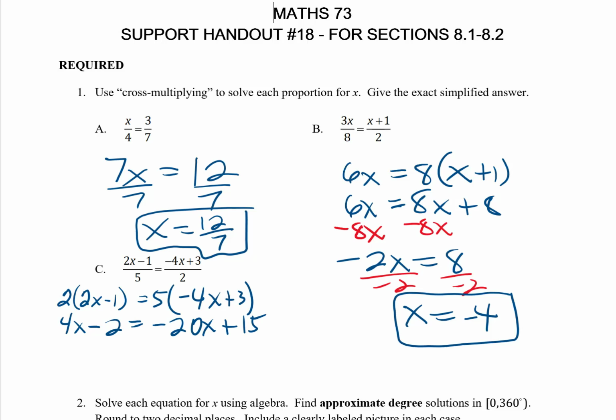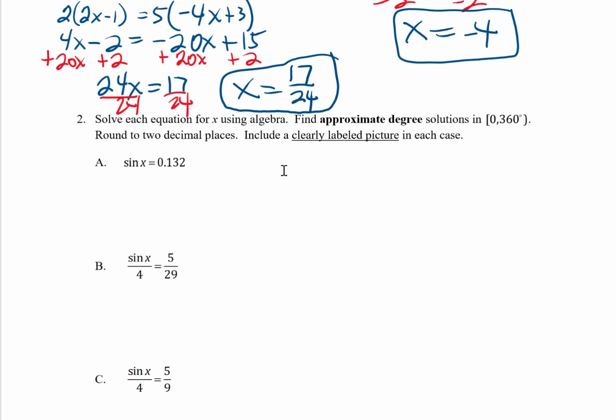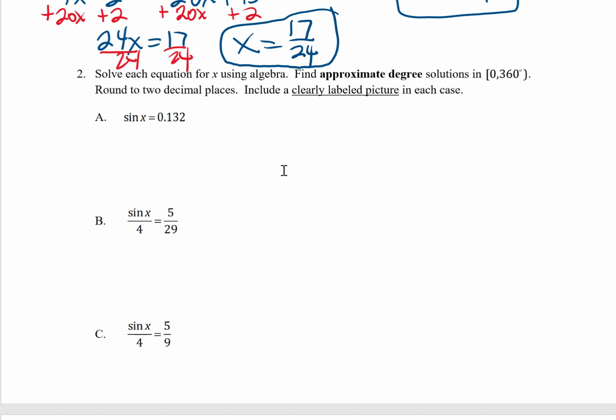Looks like I need to move the 20x over to the left and the 2 over to the right. And that will give me 24x equals 17. When I divide both sides by 24, my final answer comes out to be 17/24.